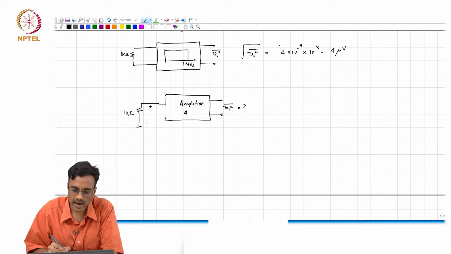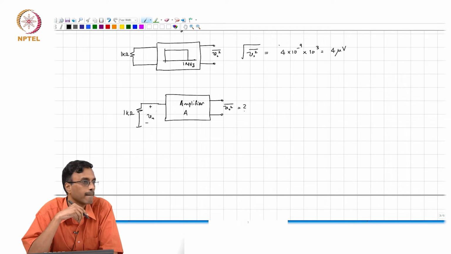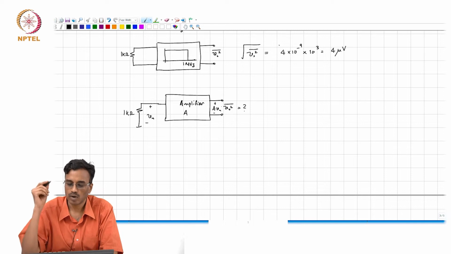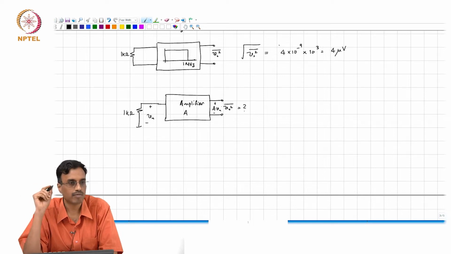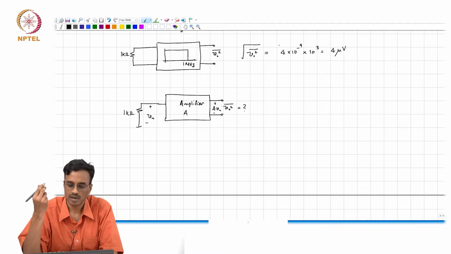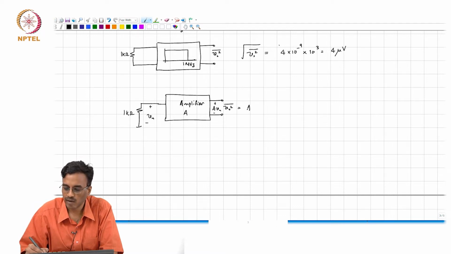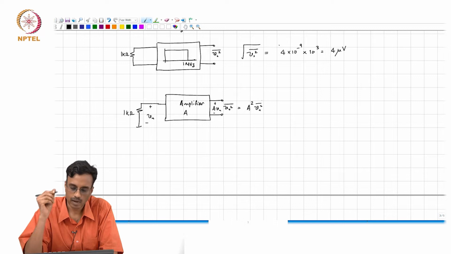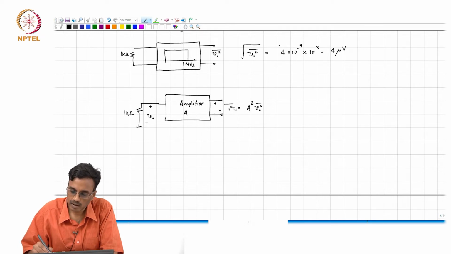If this voltage is Vn, what do you think? The voltage here will be A times Vn. So, what comment can you make about the mean square value of the output? This will simply be A square times the mean square of Vn, correct? All right. So, that was easy.